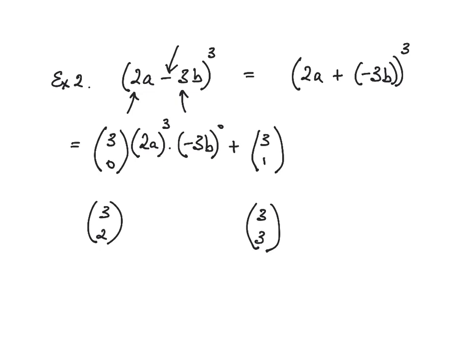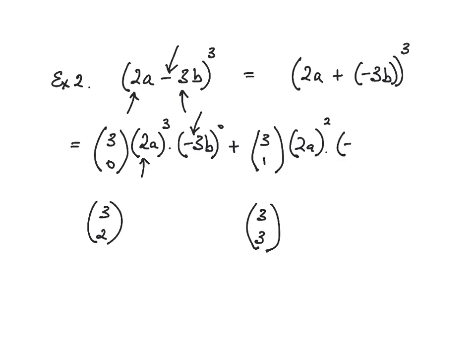plus. Now reduce the power of the first term by 1, so 2a to the power of 2. You'll notice that the 2 is going inside the bracket with the a, and the minus 3 is going inside the bracket with the b. That's very important.